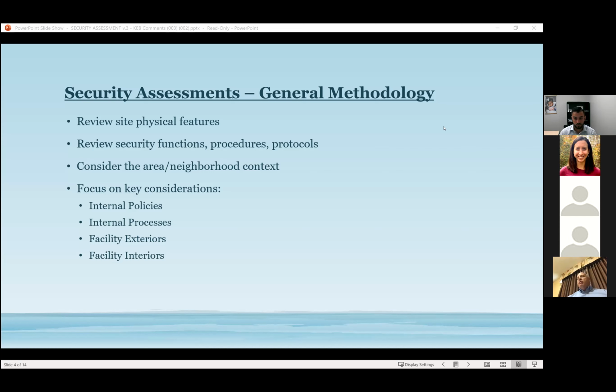But as we start, I just would like to talk about how I do a physical security assessment. I break it down into three portions. I review the physical features of any building, and then I review the functions and protocols, that would be the policy and procedures that are within the facility.